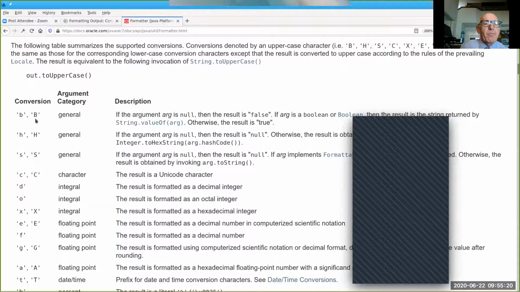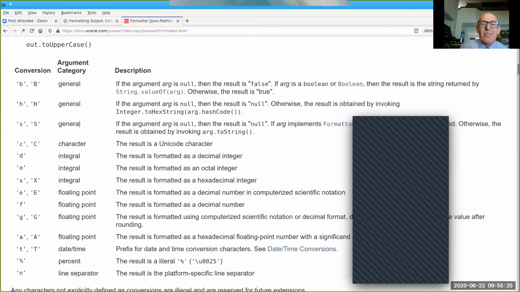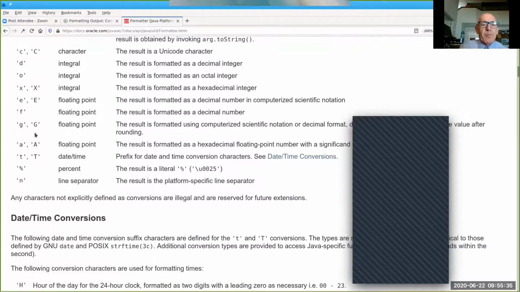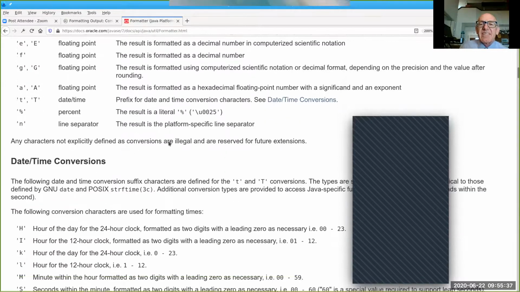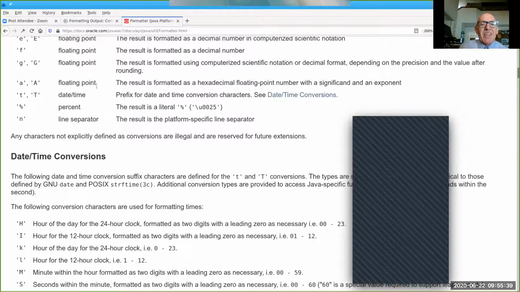So B for Boolean, hexadecimal. Oh, cool. String, character, decimal, octal, hexadecimal, decimal number in scientific notation, decimal number, general format. Oh, hexadecimal floating point. Wow, that's sort of weird. Date and time and percent and line separator.